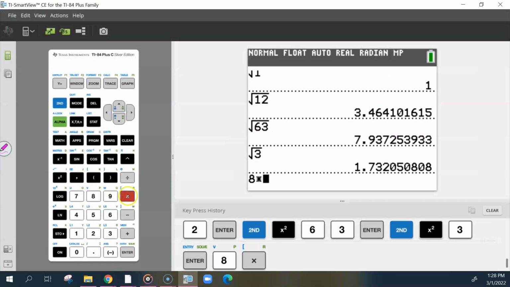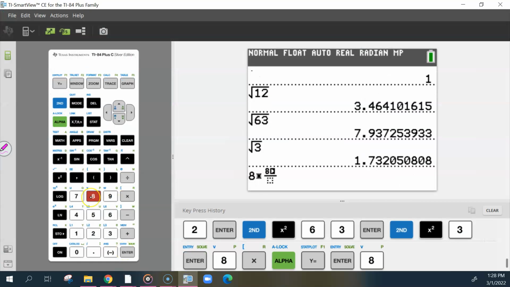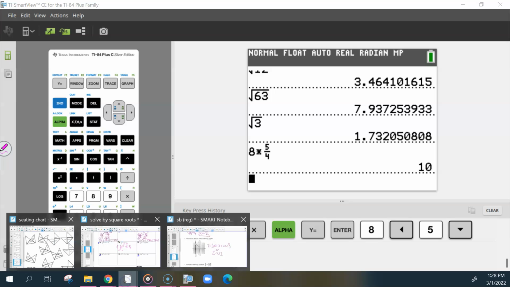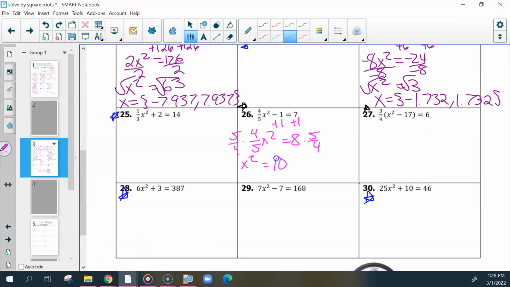So 8 times 5/4 is 10. And the square root of 10 is 3.162.